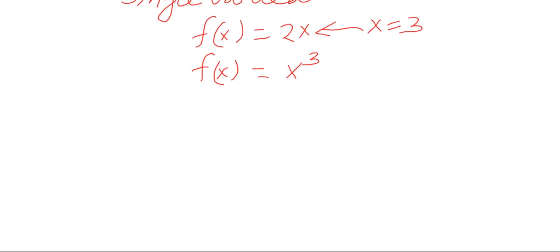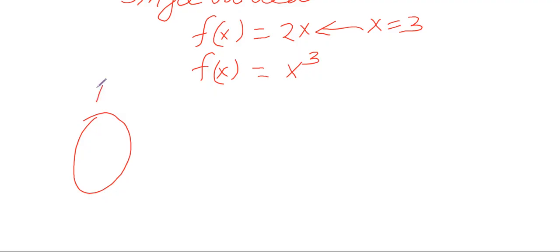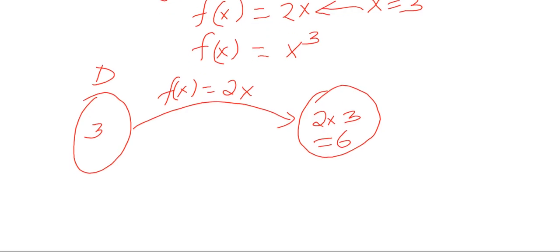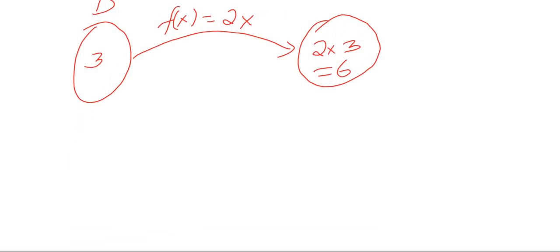So when the function, say, the input here, you have the domain, you feed a value like 3, the function is defined by f of x equals 2x, you get the output, which is 2 times 3, which is 6. You get only one output. So such a function is said to be a single valued function.